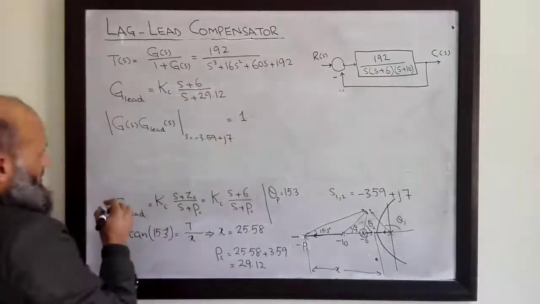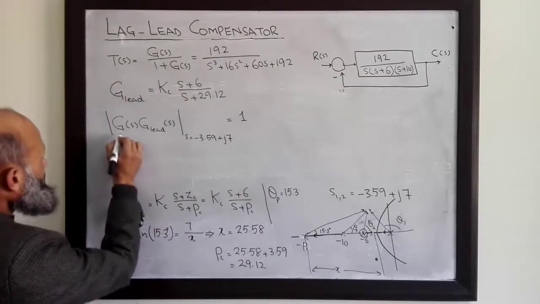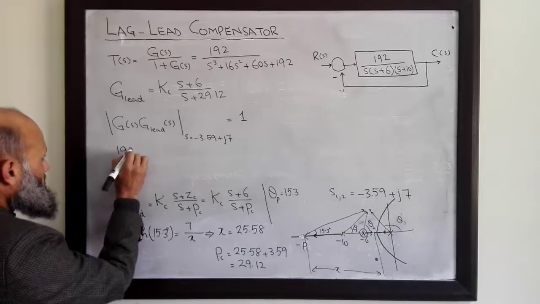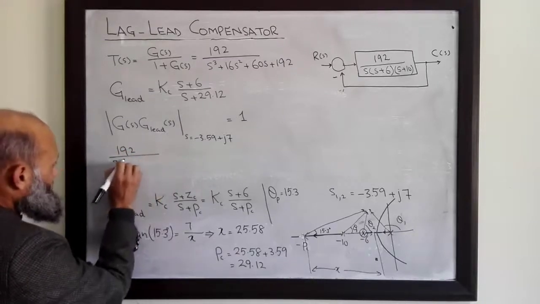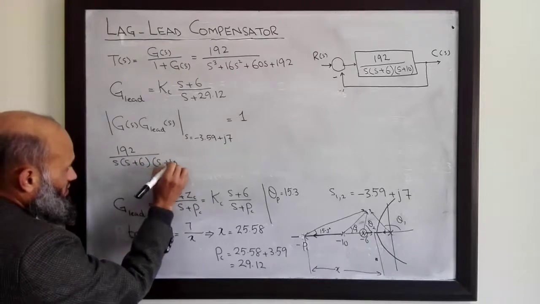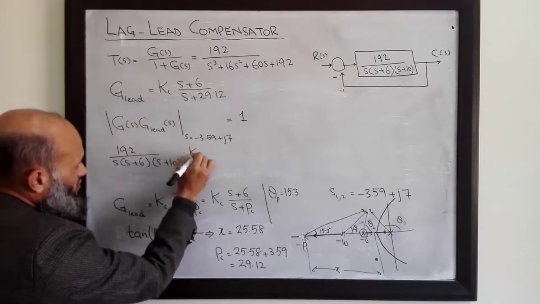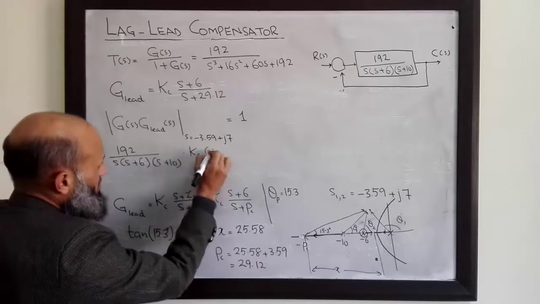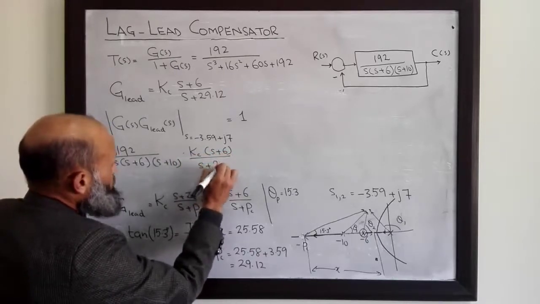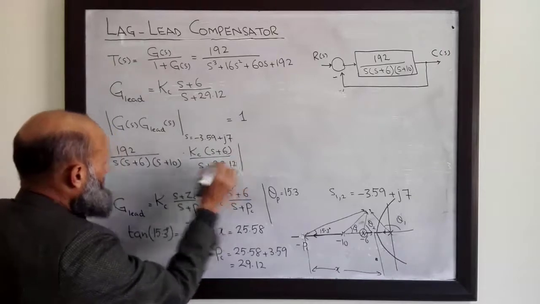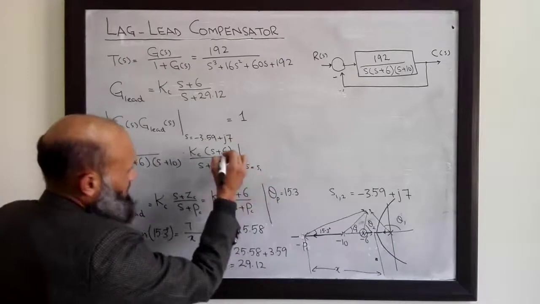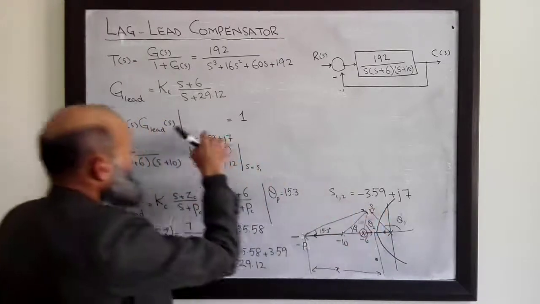So just by substituting the numerical values, G of s is given by 192 over s, s plus 6, s plus 10, and the lead compensator Kc, s plus 6 over s plus 29.12, its absolute value at s equal to this point, let's call it s1.